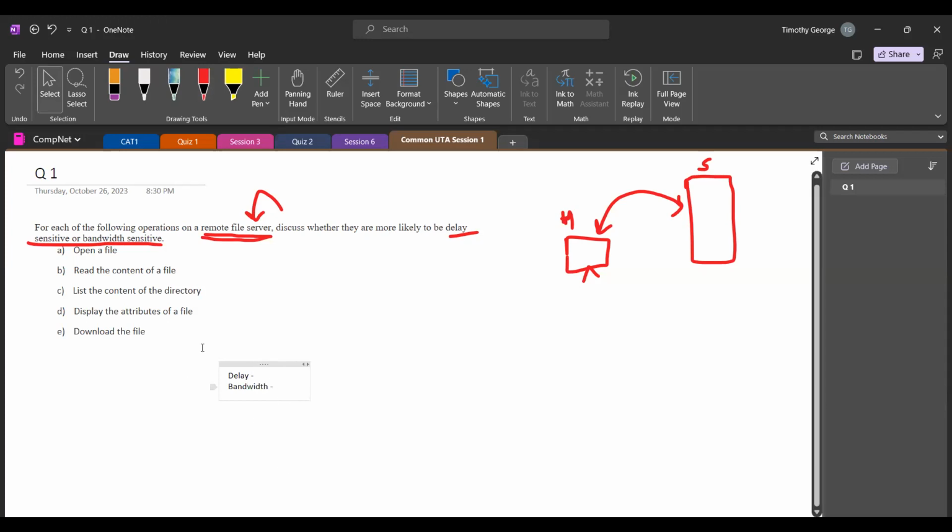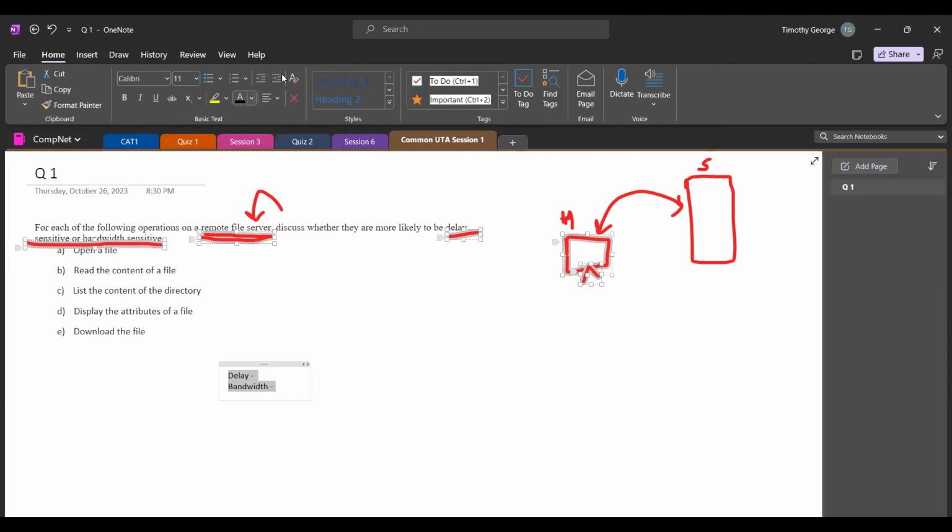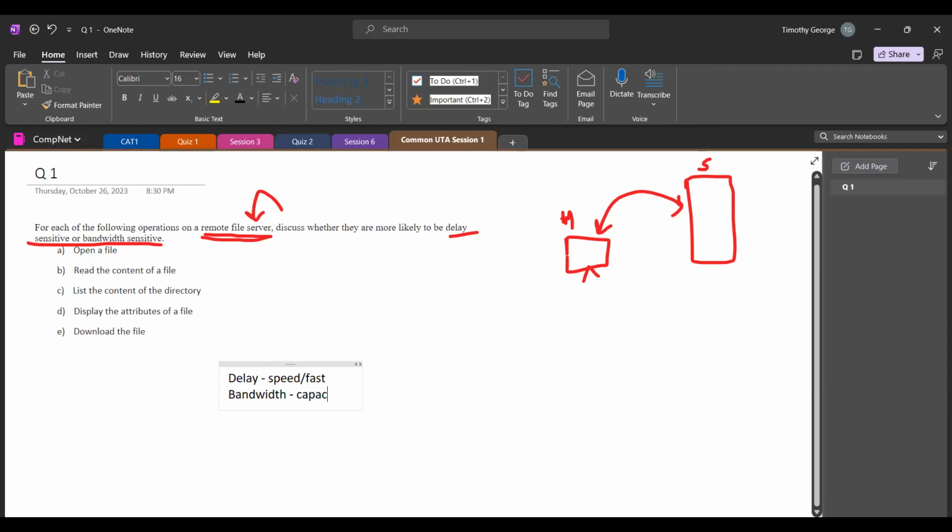Simple rule. Delay is all about speed, how fast you want something to transfer. Bandwidth is all about capacity, how much the network needs to transfer.